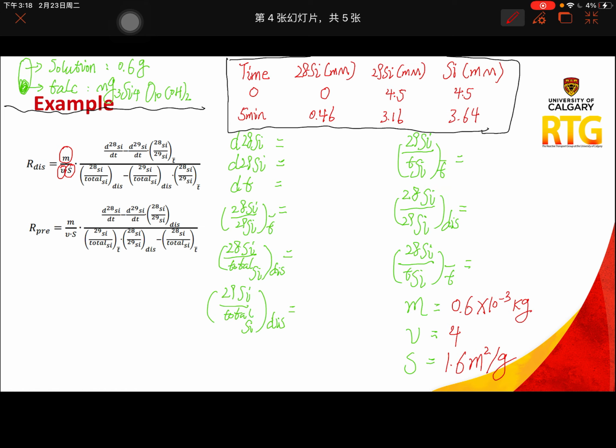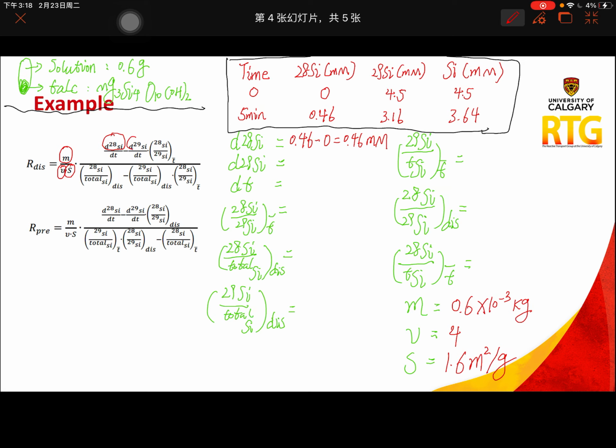The d28 is 0.46 minus 0, which equals 0.46 micromolar.